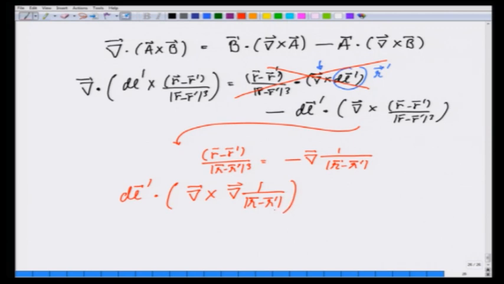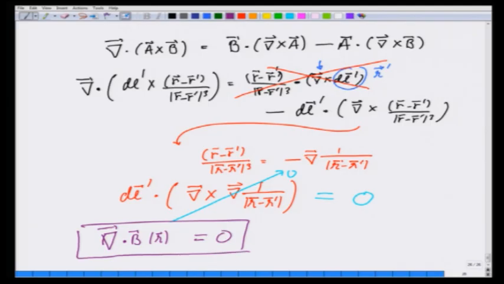But what is curl of grad? Curl of grad is again 0. So, this whole term comes out to be 0, and therefore, what we find is that divergence of B(r) is nothing but 0.